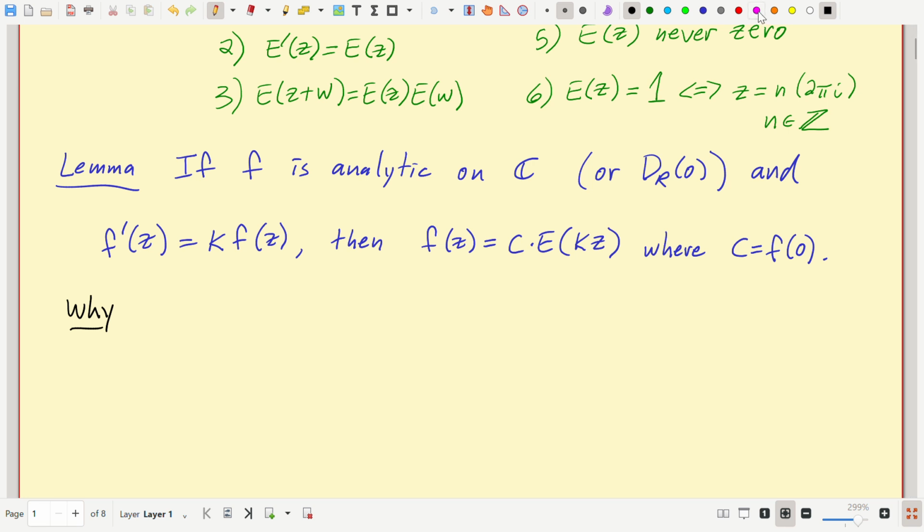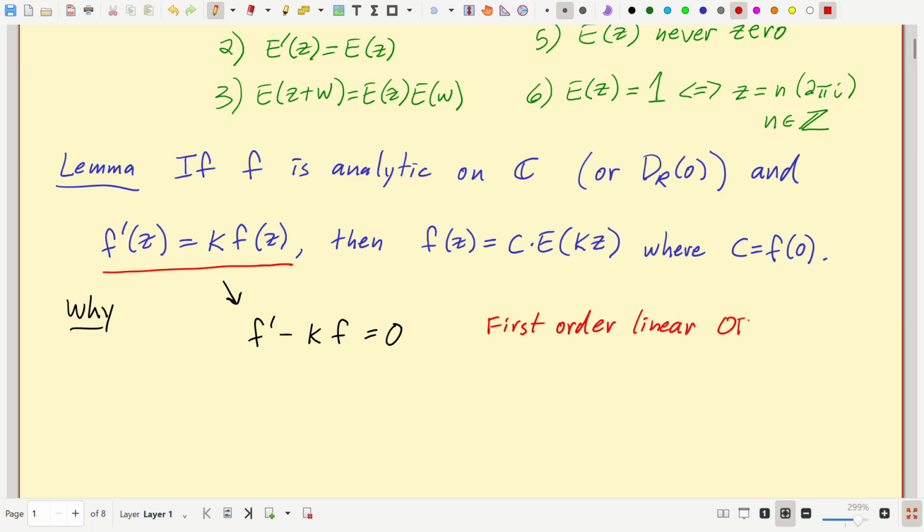So if you look at this equation here and think of it as a differential equation, that becomes f prime minus kf equals 0. That's a first-order linear equation with constant coefficients. It's an ODE in the complex domain with constant coefficients.